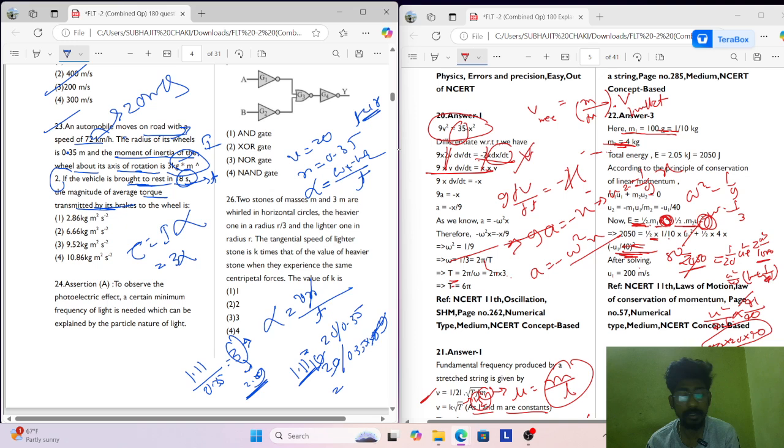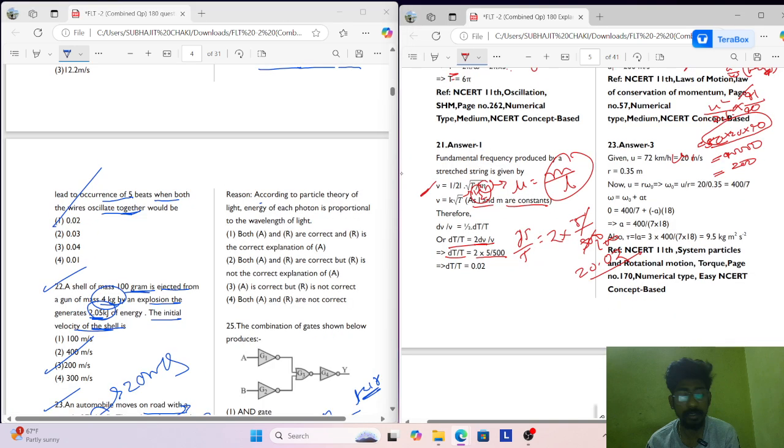To observe the photoelectric effect, a certain minimum frequency of light is needed, which can be explained by the particle nature of light. Particle theory of light, energy of each photon is proportional to the frequency of light. Yes, E equals h nu, therefore E is proportional to nu, as h is Planck's constant.